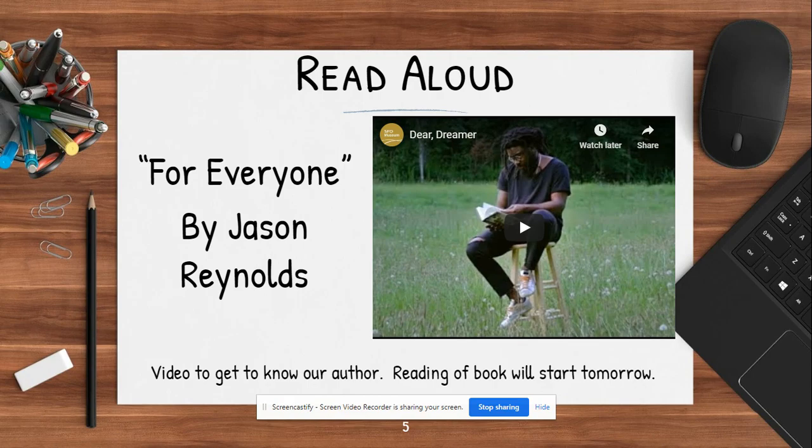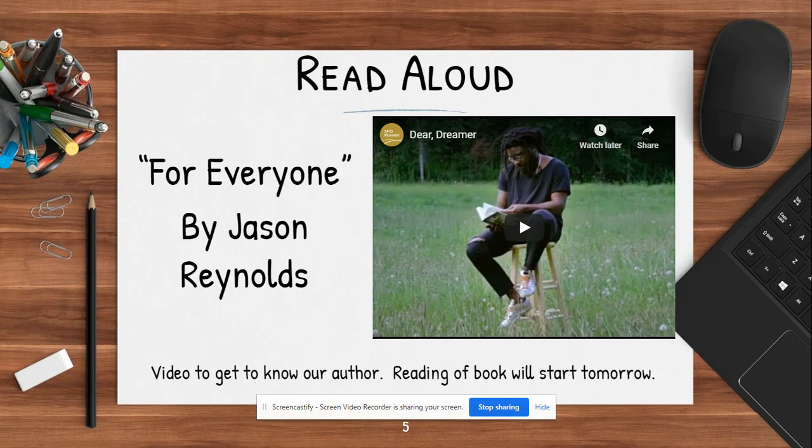So for your read aloud today, it's a little bit different. We're going to start For Everyone by Jason Reynolds. It is a 100-page book, but it's a poem. Sometimes the words only have 5 words per page. But it's really inspiring.